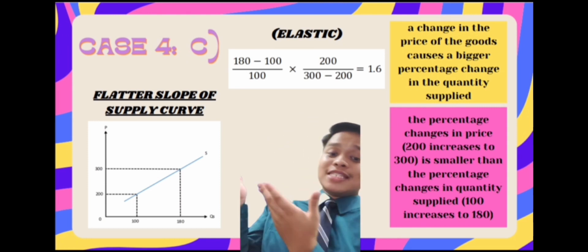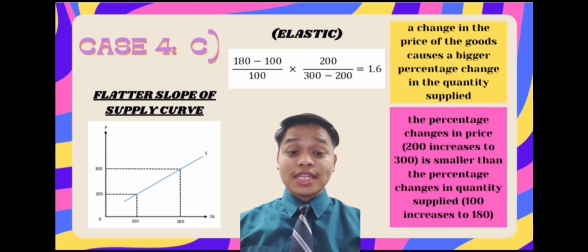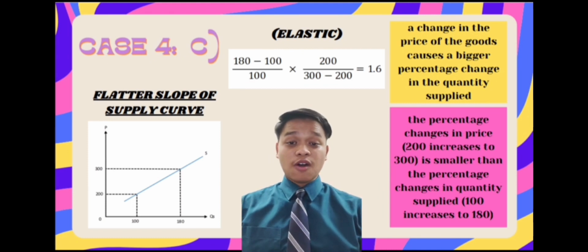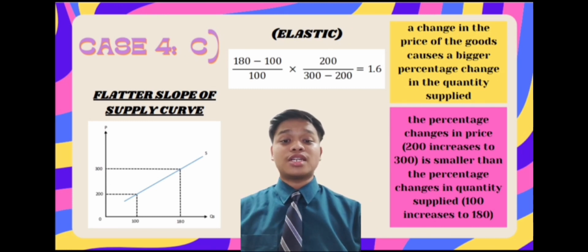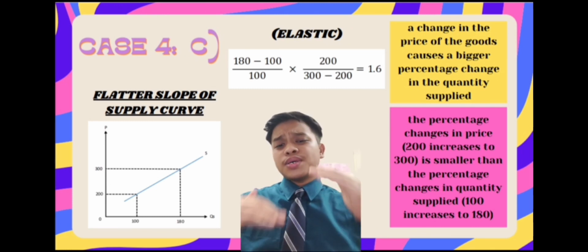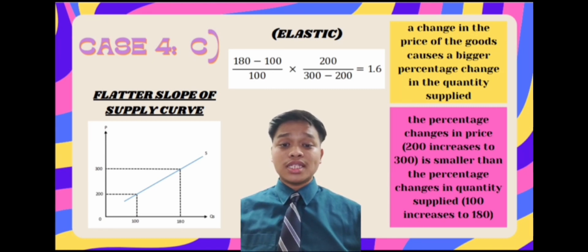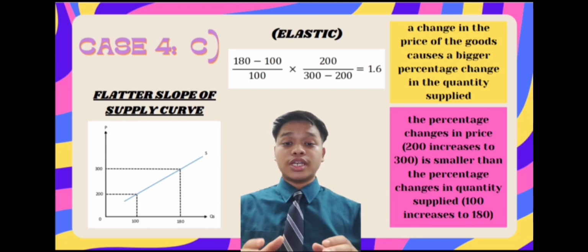So this is the supply curve for elastic, and the name is flatter slope of supply curve. A change in the price of the goods causes a bigger percentage change in the quantity supplied. So, the percentage change in price, 200 increasing to 300, is smaller than the percentage change in the quantity supplied, 100 increasing to 180.